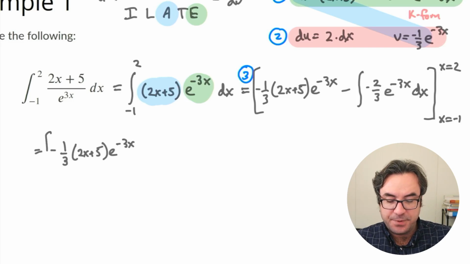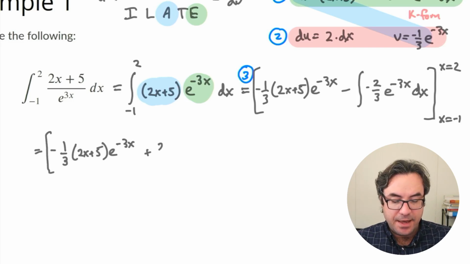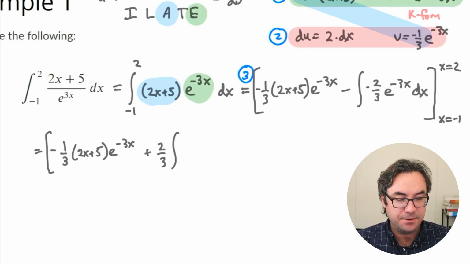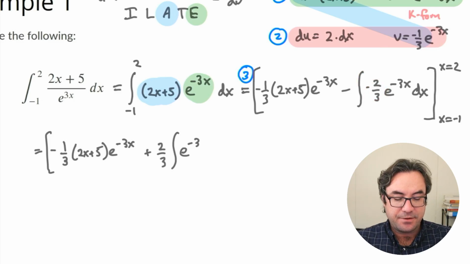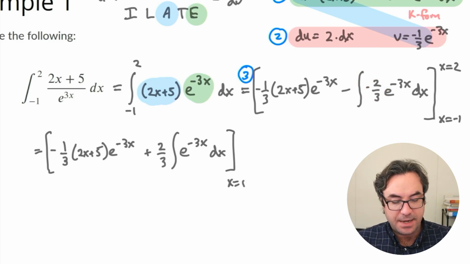So again, that first piece we're done with. And then I'll bring the 2/3 out in front as well. So this will become plus 2/3, and I'll move it all out in front of the integral sign here. So we have our e to the negative 3x that we're going to integrate. And then we'll evaluate this whole thing from x equals -1 to x equals 2.